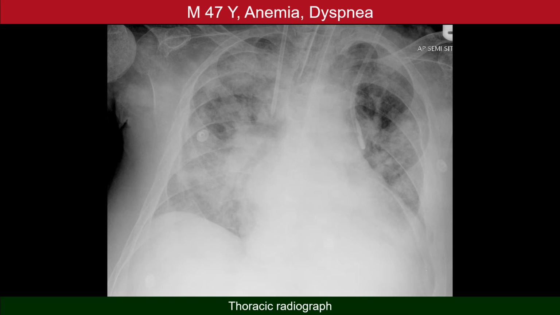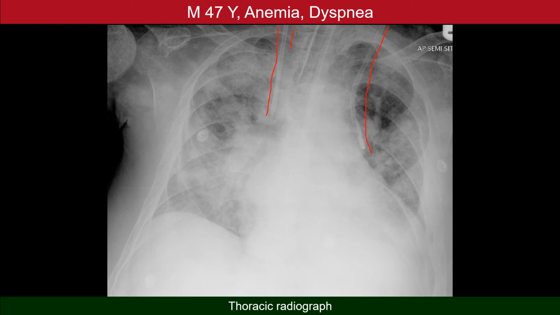Let me explain 2 of the possible scenarios for this anomalous vessel. The first is a left superior vena cava. Left superior vena cava is known to happen in certain number of cases.